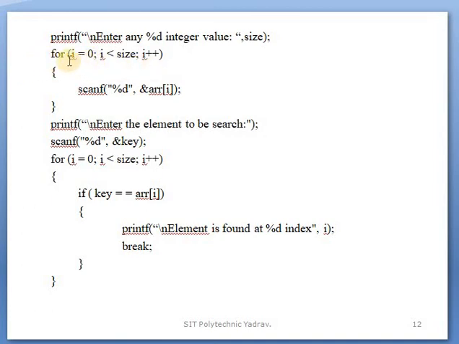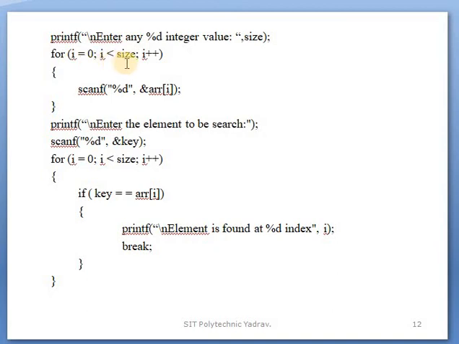In a for loop there are three parts: first initialization, next the test condition, and next increment or decrement. So i is equal to 0 means assigning the number 0 to i.